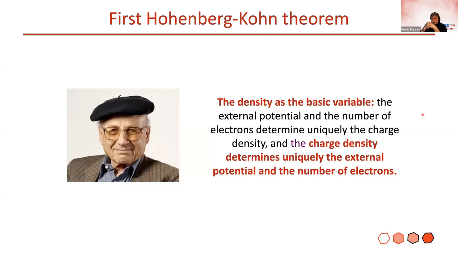So you can uniquely define a water molecule in a specific configuration of the nuclei by saying there are these 3 nuclei here and 10 electrons, or instead talking about the ground state charge density in that configuration. One-to-one correspondence.